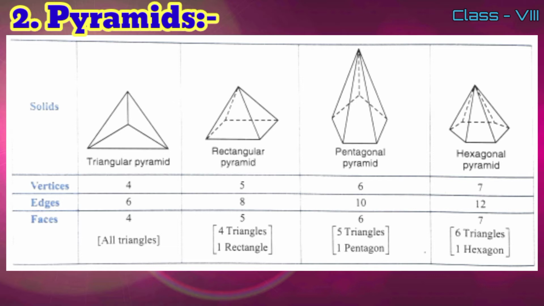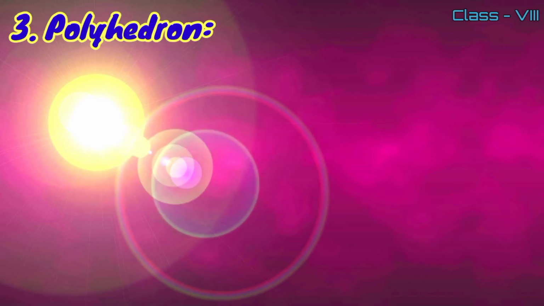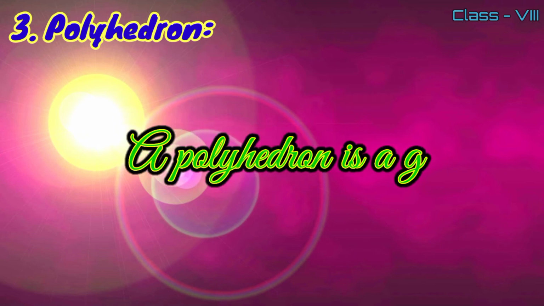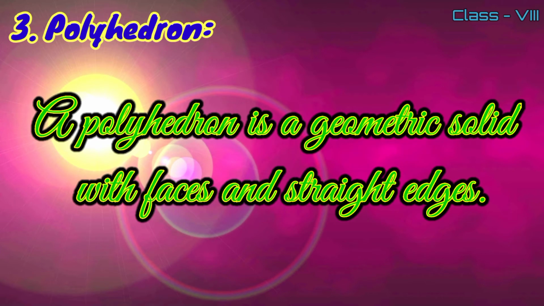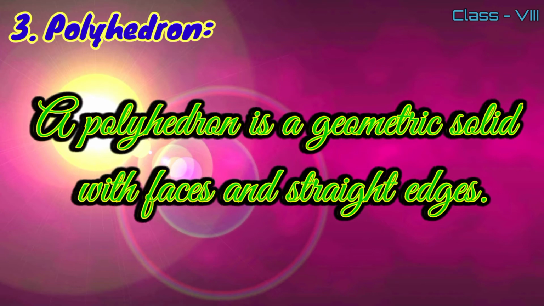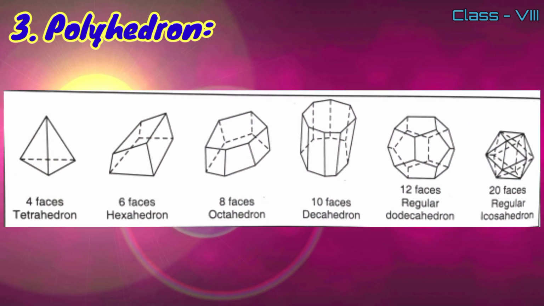One more thing, if we observe the figures, the number of vertices and the number of faces are equal. So we can say that the number of vertices and faces in a pyramid are equal. Number 3, polyhedron. A polyhedron is a geometrical solid with faces and straight edges. So from the definition we can say that pyramids and prisms are also polyhedrons.